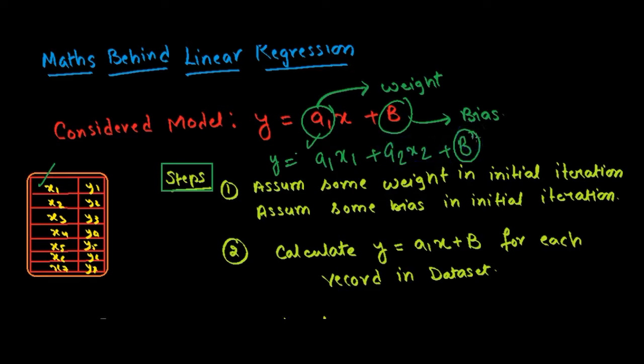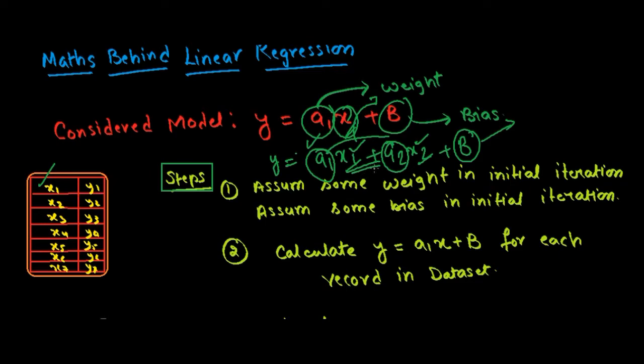So we would have one bias, and these two, a1 and a2, would have become the weights, and x1 and x2 would have been the independent variables in that case. But since we are talking about simple linear regression, we'll have only one independent variable. That is the case of multiple linear regression or multi-linear regression.